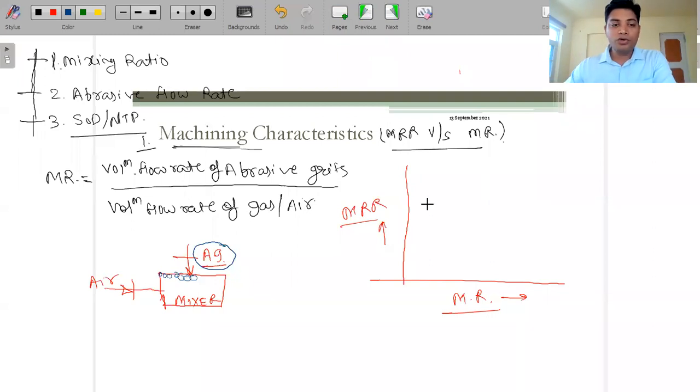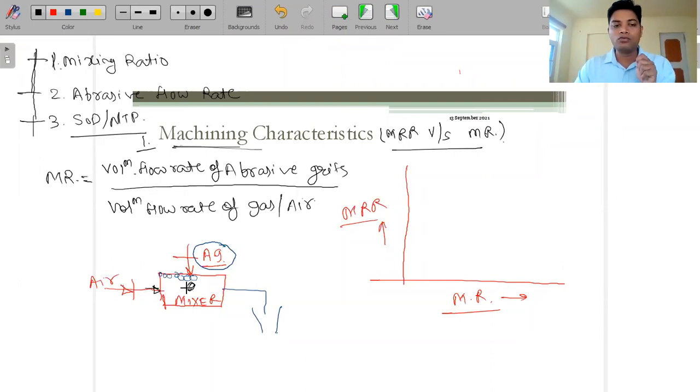Now let's suppose that this is connected with the hoses and that is connected with the nozzle, and we have entered only one abrasive particle. Here the gas is already coming.